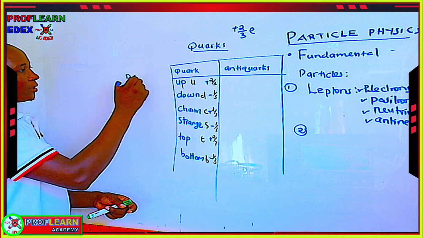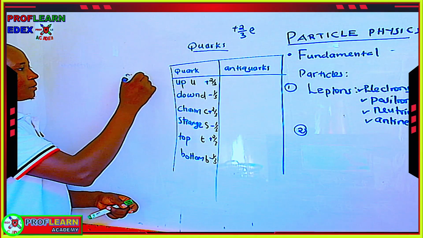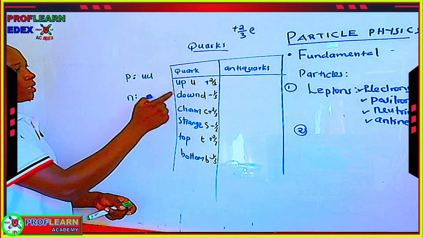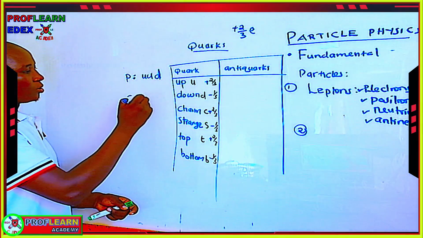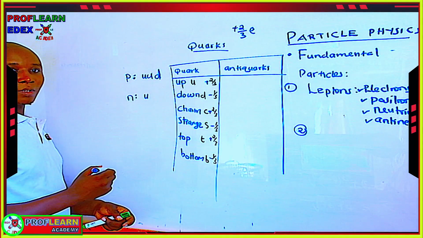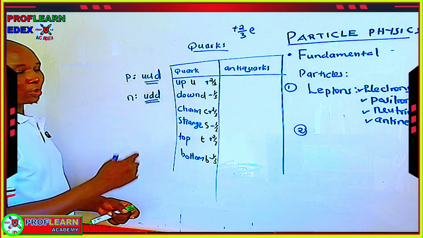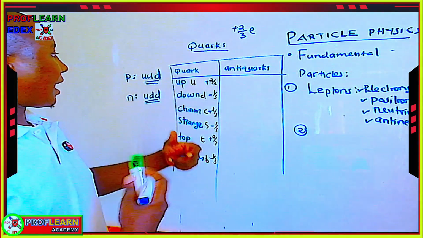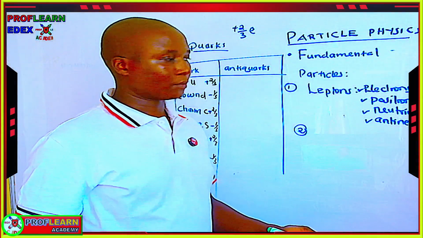A proton is made up of 2 up quarks plus a down quark, and a neutron is made up of 1 up quark and 2 down quarks. That is why we are saying that quarks are actual building blocks for other particles which we call hadrons.